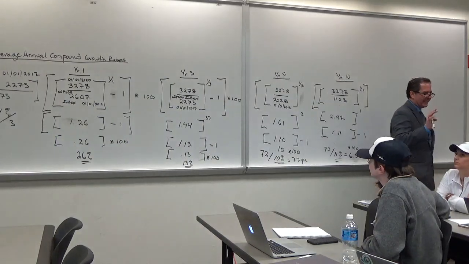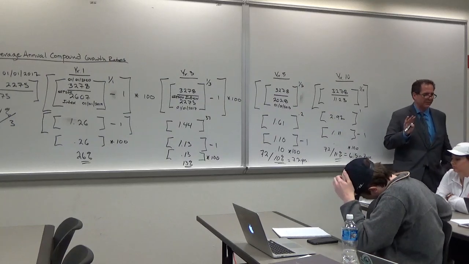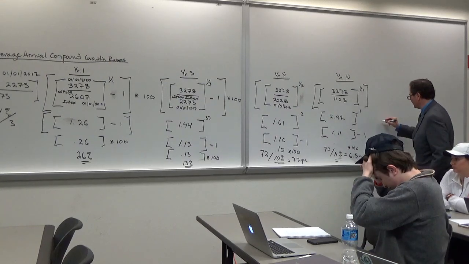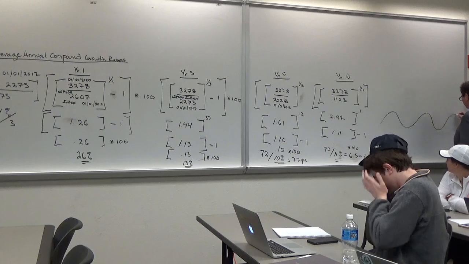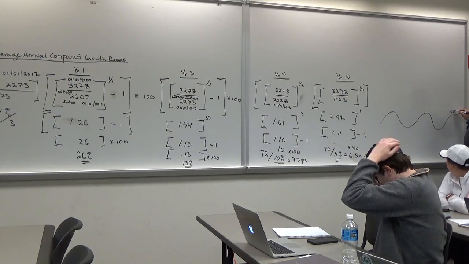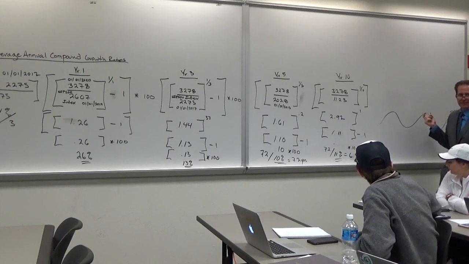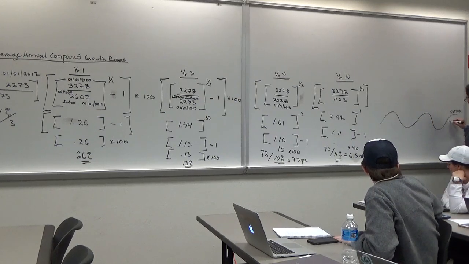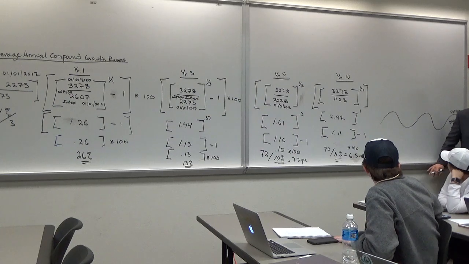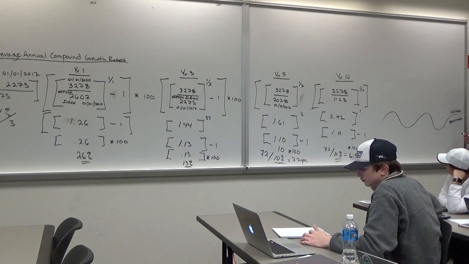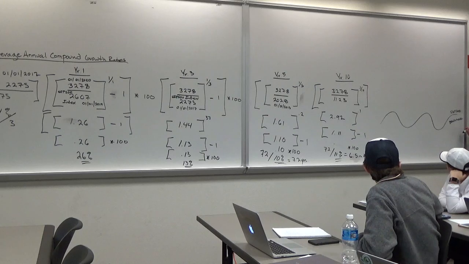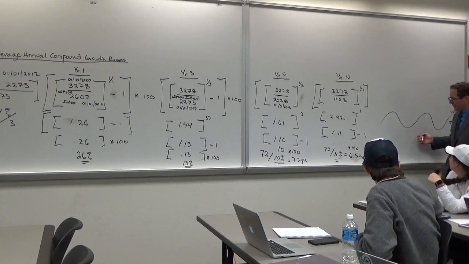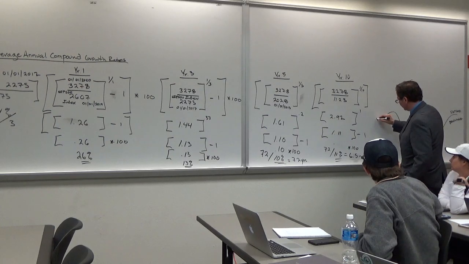So data and correlation are very similar to each other. Here's the S&P 500. This is your benchmark. We're benchmarking the performance of our portfolio against the S&P 500. I could use other benchmarks, but this is the benchmark that most people use to benchmark their portfolios.